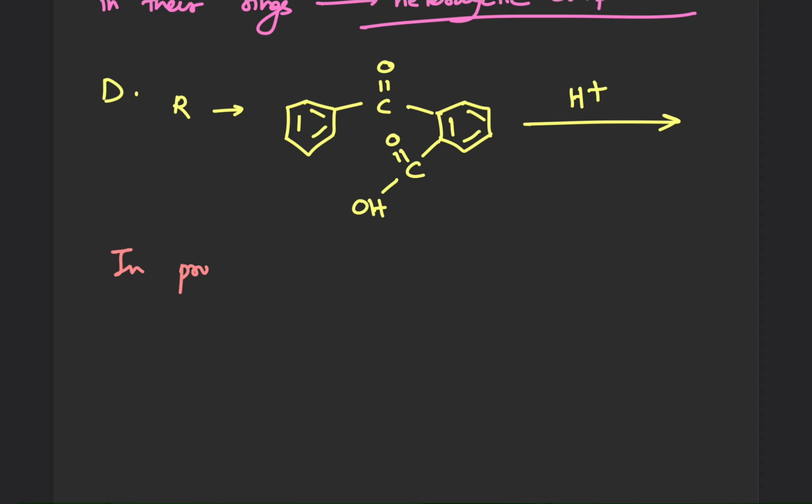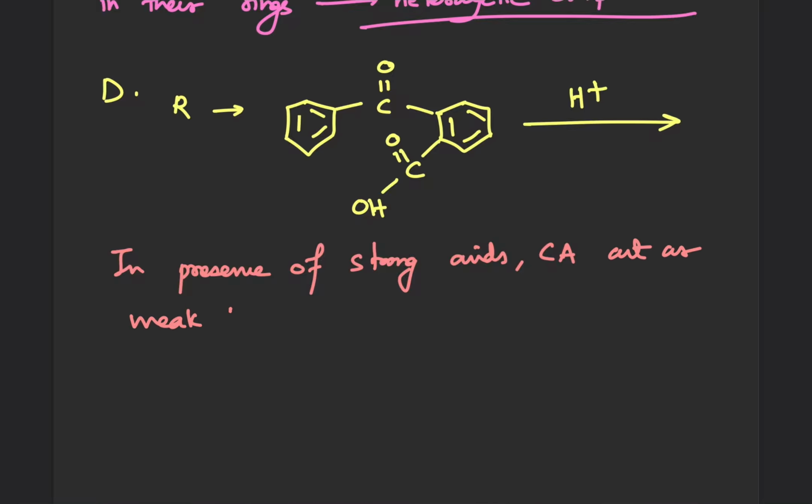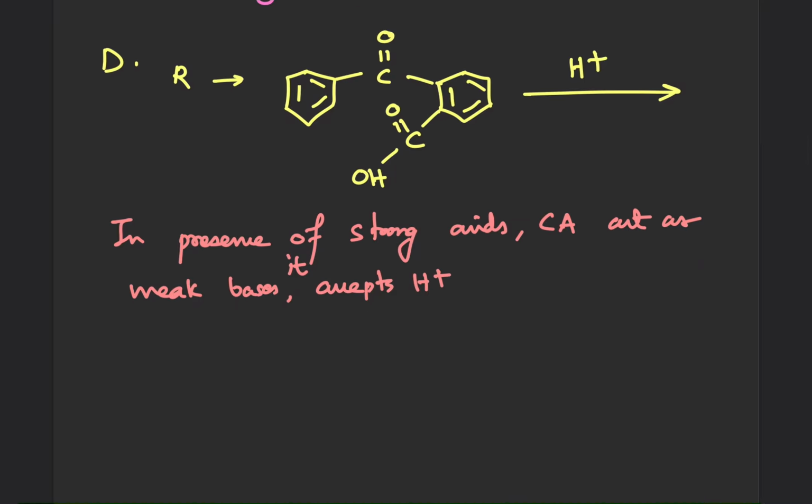Okay, important. In presence of strong acids, carboxylic acids act as weak bases. That is, they accept H plus. Okay, so to show that, I will write OH in this fashion. O has two lone pairs, so it will share these lone pairs with this H plus.